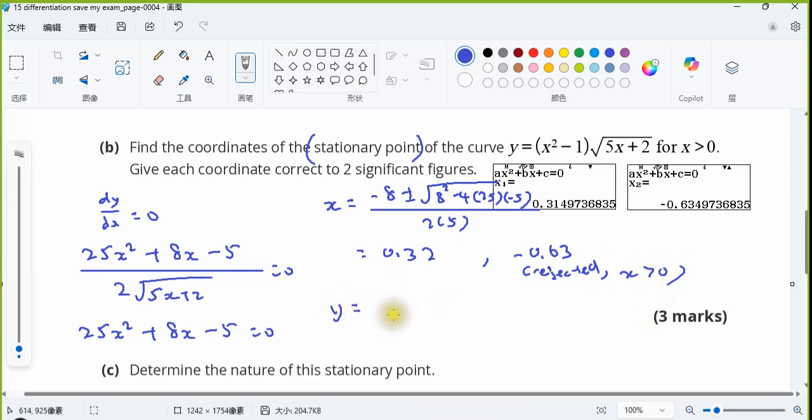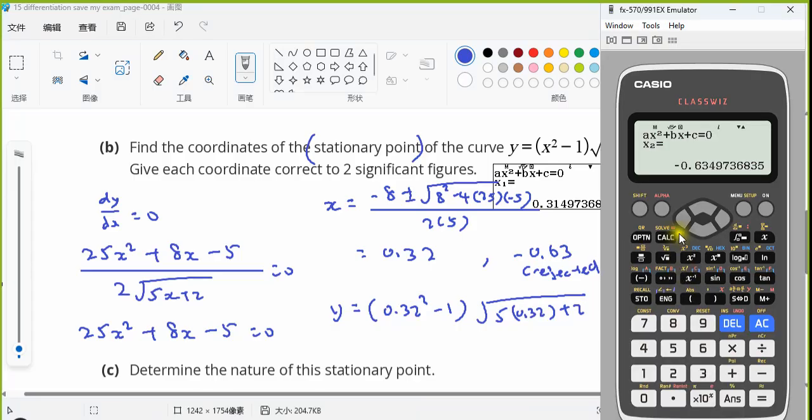because x must be greater than 0 for this question. So y is 0.32 squared minus 1, square root of 5 times 0.32 plus 2. So we will have x squared minus 1 multiplied with the square root of 5x plus 2.